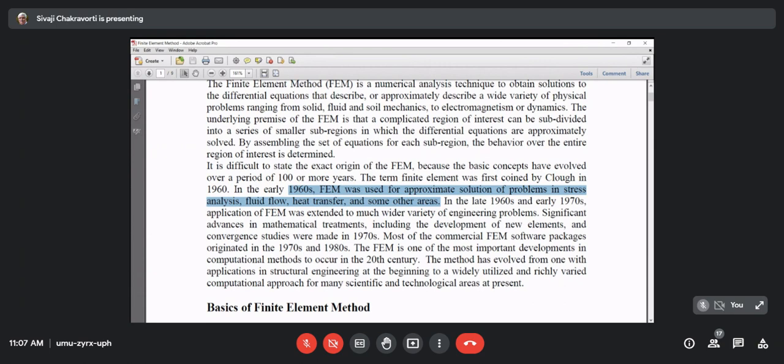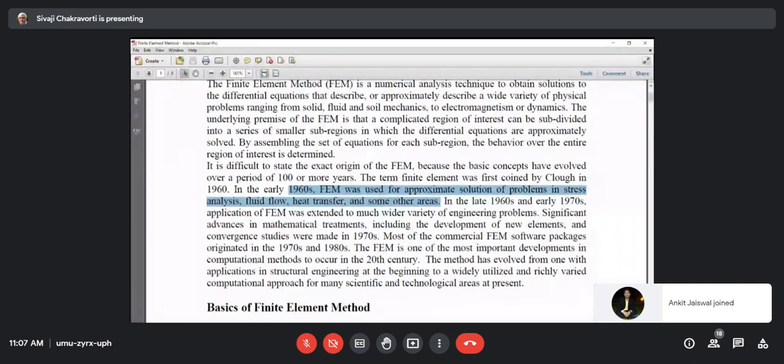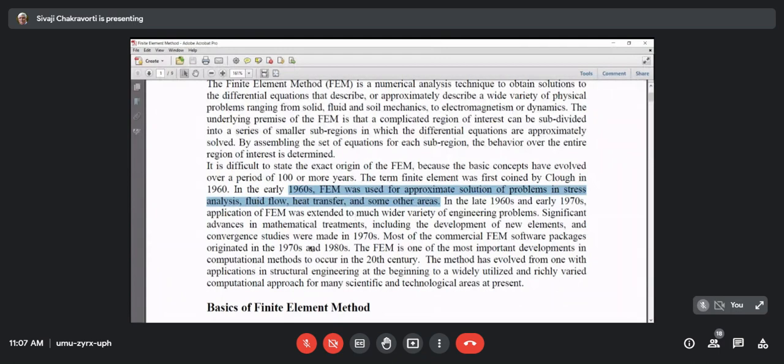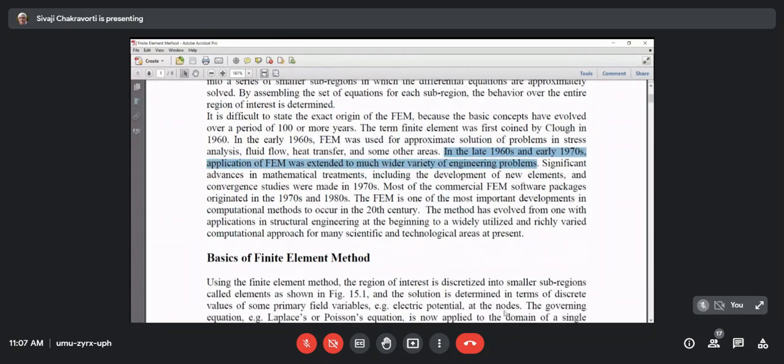For example, here it is written stress analysis, which can be used very effectively in civil engineering as well as mechanical engineering, then fluid flow, then heat transfer. So you can see the different very important areas. And then in the 70s, this method has been extended to much wider variety of problems.